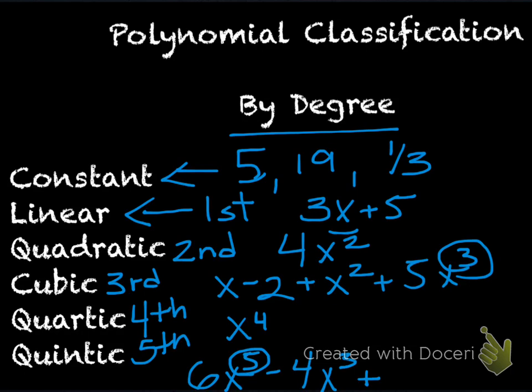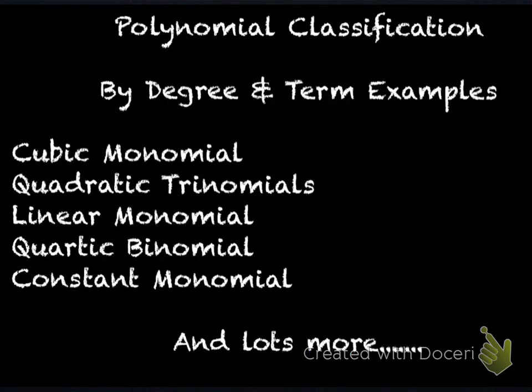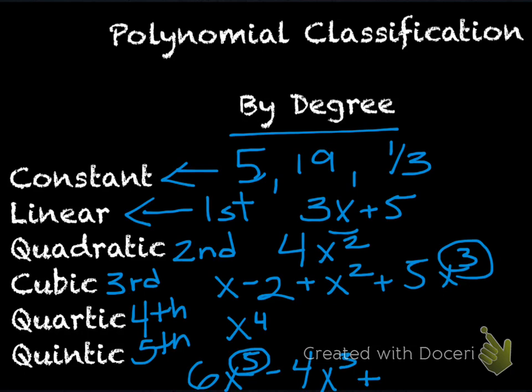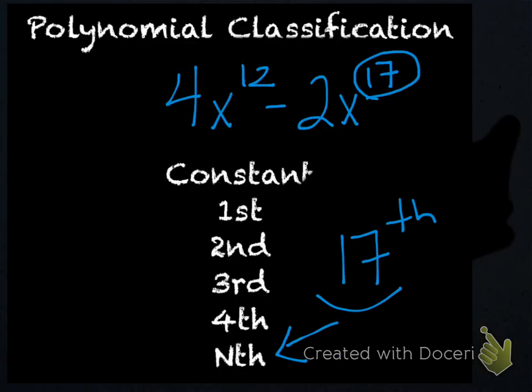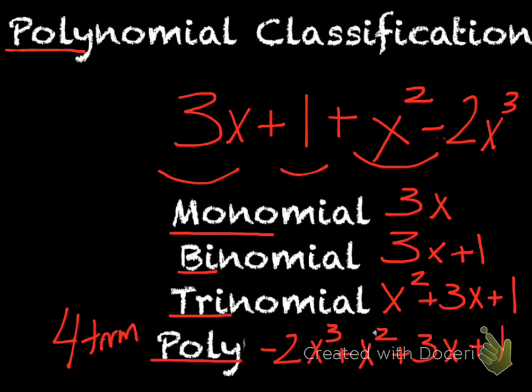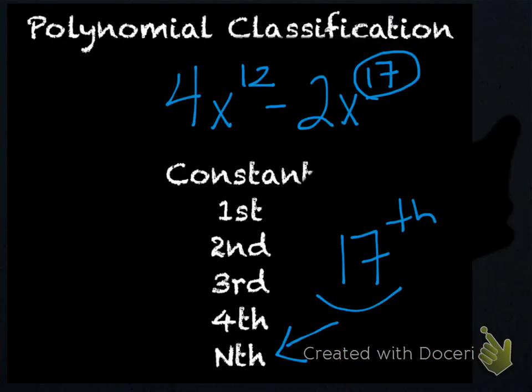Okay, so I don't think I did another page. I think this was, oh, I did. Okay. Here's what I did here. Go back here. I didn't have full closure. So this is by degree. So let's go back for a second. You can classify polynomials based on how many terms they have. You can classify them by their degree, first, second, third, fourth, or nth.